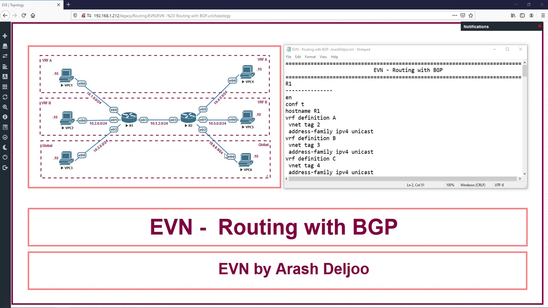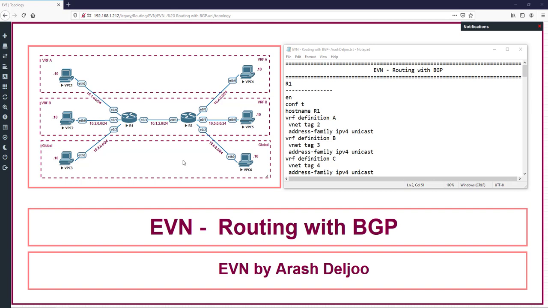The global network means the physical routing, the physical network or the real network. You know that by default we are using the global network, and after we configure the VRFs, all of the interfaces that do not reside in a VRF are in the global network or global VRF.